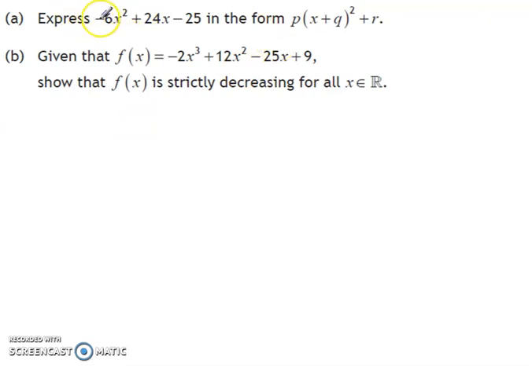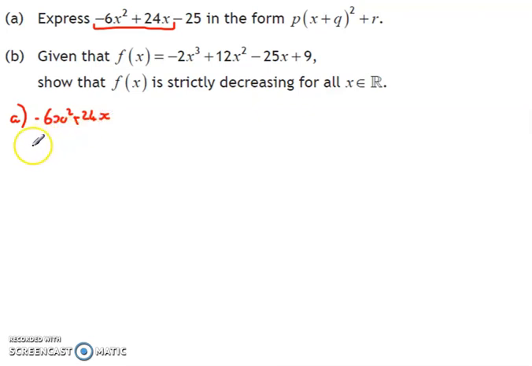So express negative 6x squared plus 24x minus 25 in this format here. To do this one, what I would do first is focus on just this little section here. So if I focus on that, I've got negative 6x squared plus 24x.